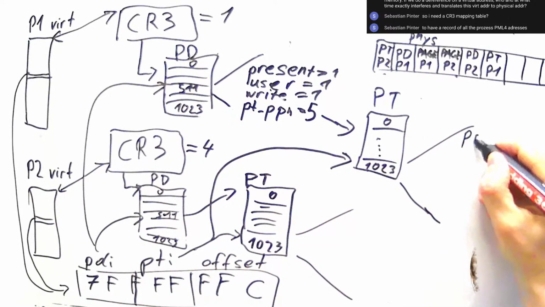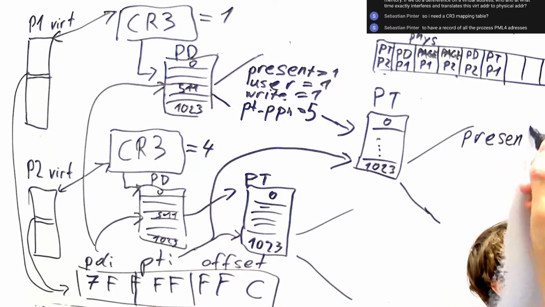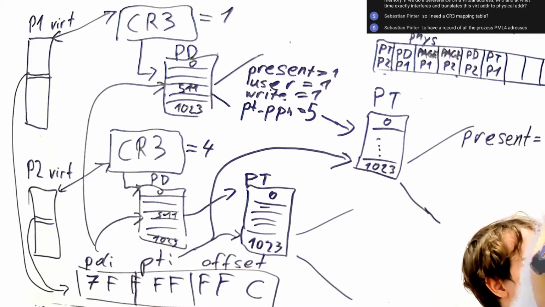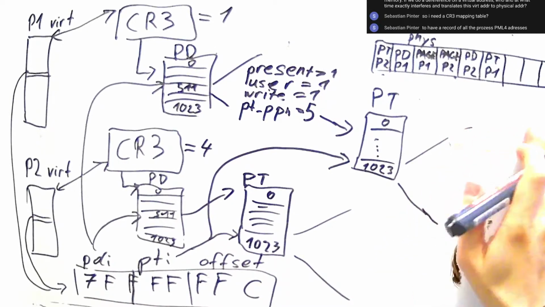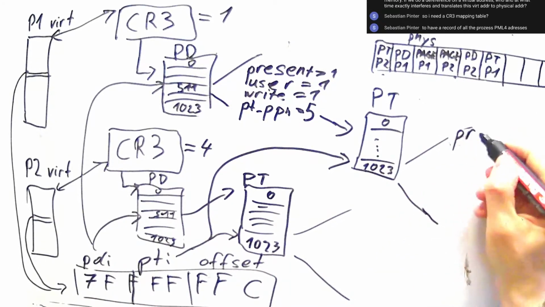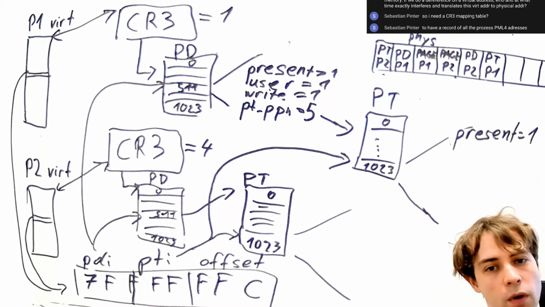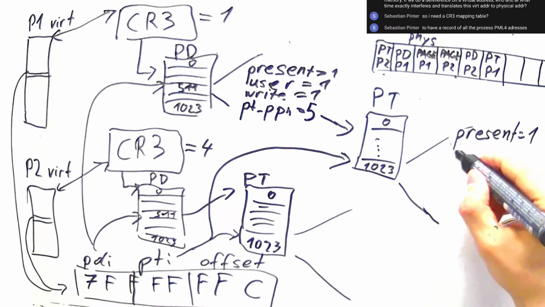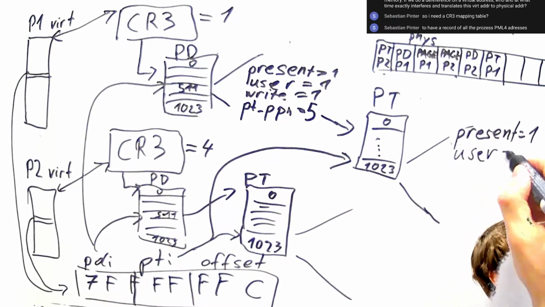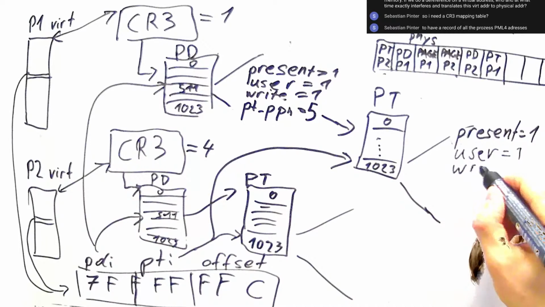So here we have present is 1. Present is 1. User is 1. Writable is 1.